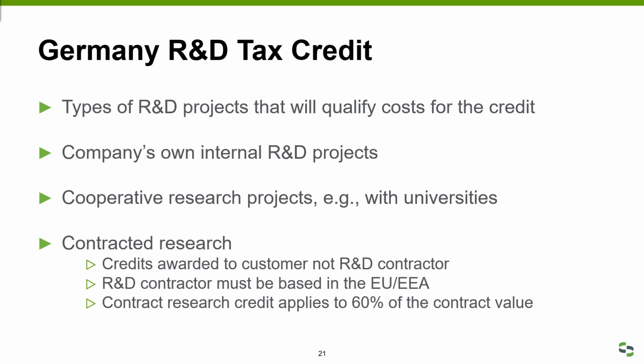And then contracted research, credits awarded to customers and not the R&D contractor. So again, the customer who's contracting, that third party, similar to the US regime. And then ultimately, the contractor must be based in the EU or the EEA. And then the contract research credit applies to 60% of the contract value, where in the United States it's 65%.